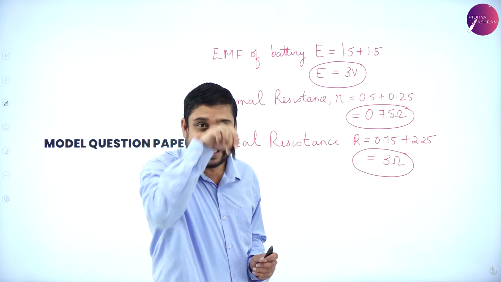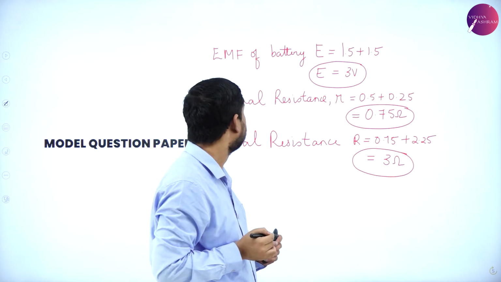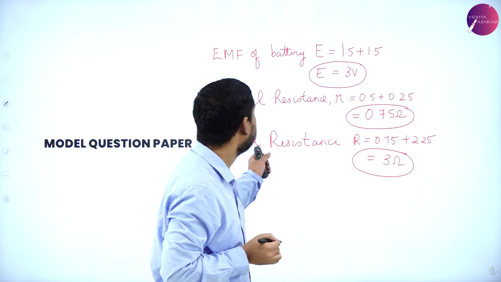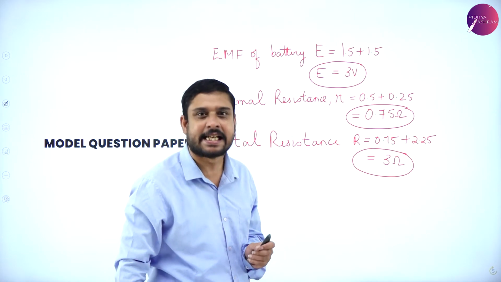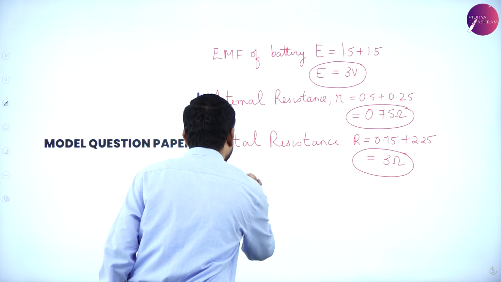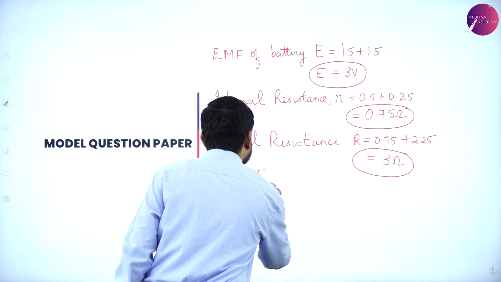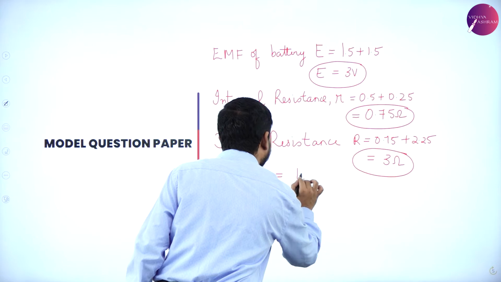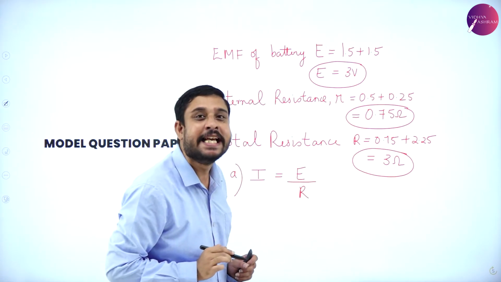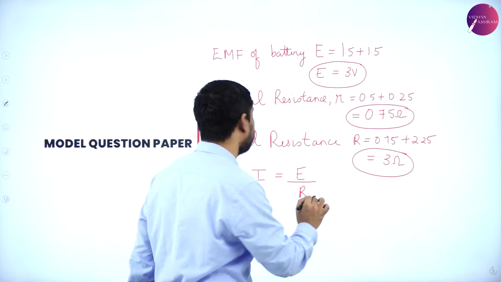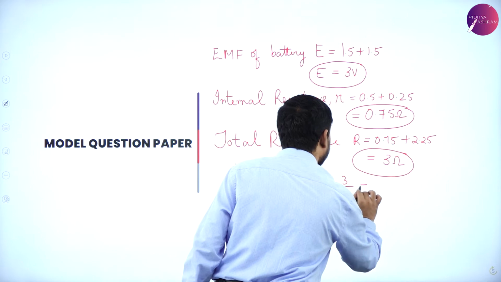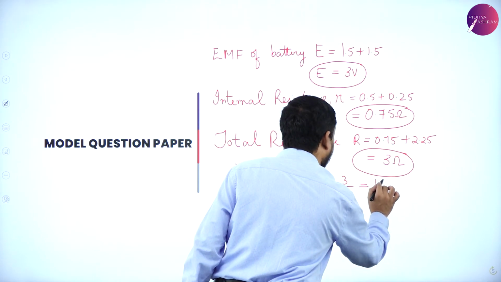So I've got the EMF of the battery, the internal resistance of the battery, and the total resistance of the system. First, I have to calculate the current flowing through the circuit, which is E divided by R. So this is 3 by 3, which is 1 ampere.